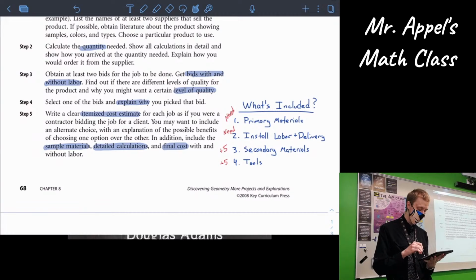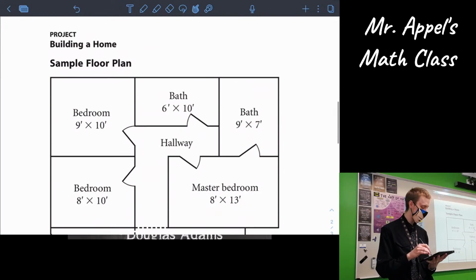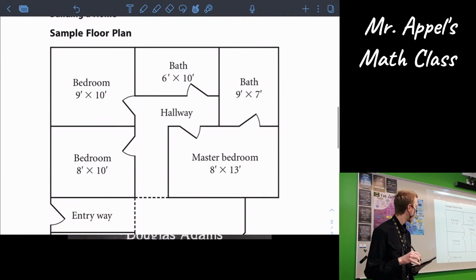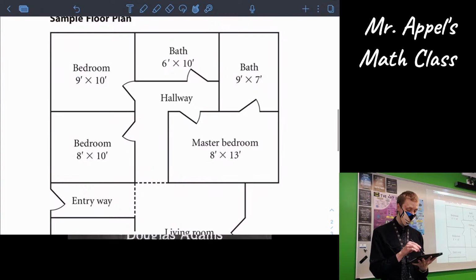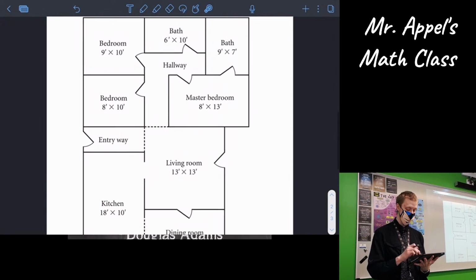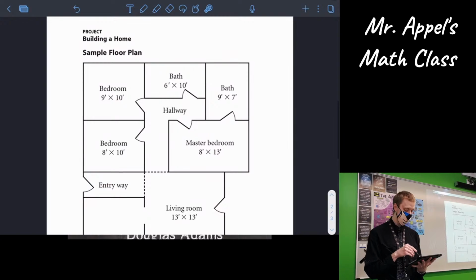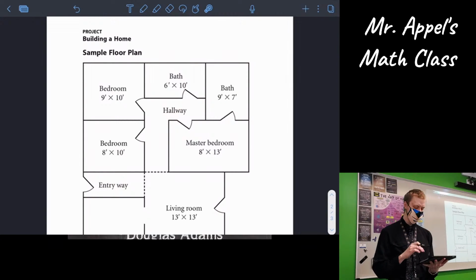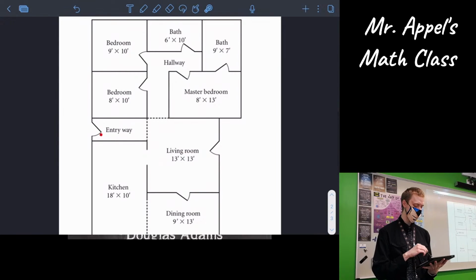All right. So real quick then, here is the sample floor plan. Give you an idea of what that looks like. Got the entryway here. Okay, which I'm guessing this is probably more the back door. This is more like a mudroom.